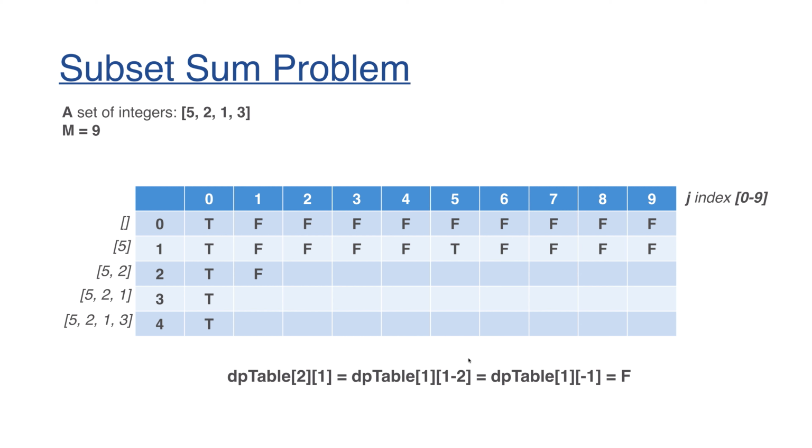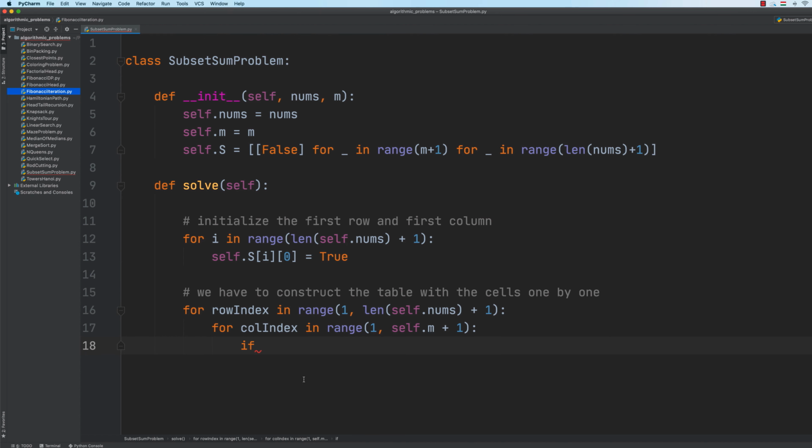First of all, what's extremely crucial is that we would like to avoid an index out of bound exception. So here in the formula, we have to use j minus the item, so the column index minus the value.